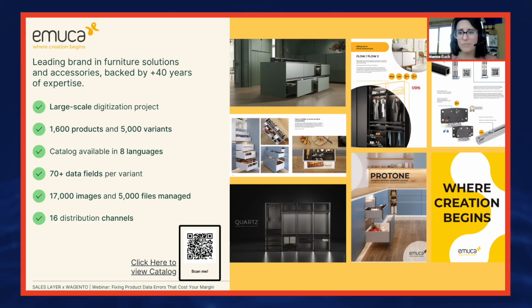They really loved how our PIM was able to help them easily categorize their variants, categories, and subcategories of product information. Emuka's is global, and so they get to different territories, and something essential for them was being able to use our multi-language functionality to translate their products into 8 different languages.